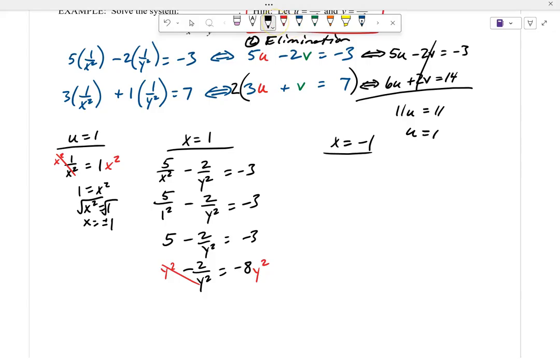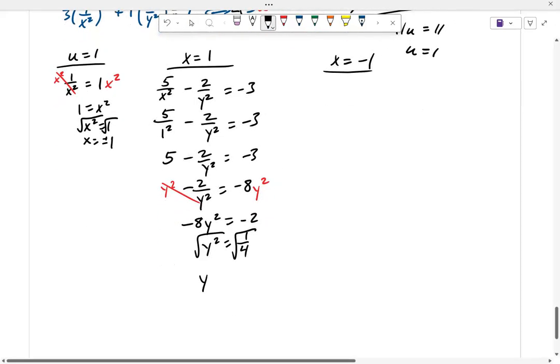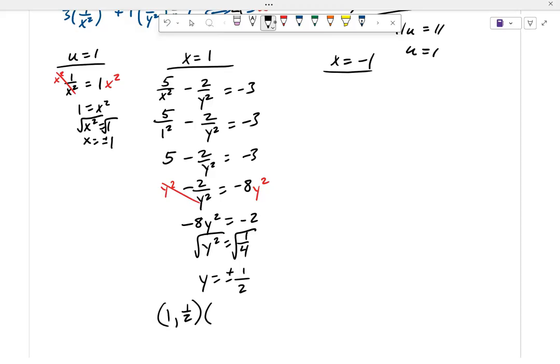So I got negative 2 equals negative 8y squared. Divide by negative 8. So I get y squared equals negative 2 over negative 8, so 1/4. Square root both sides. So y equals plus or minus the square root of the top over the square root of the bottom. So when x is 1, y is plus or minus 1/2. 1, 1/2, 1, negative 1/2.